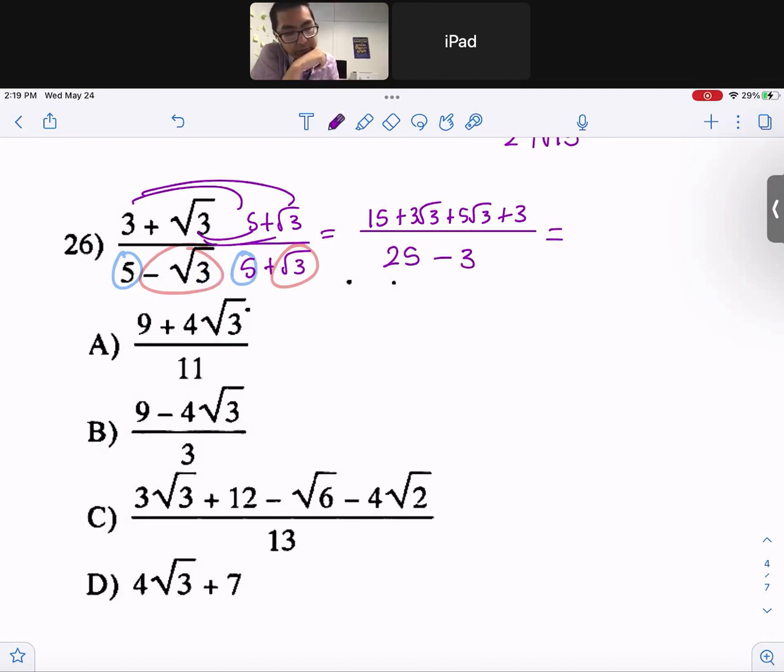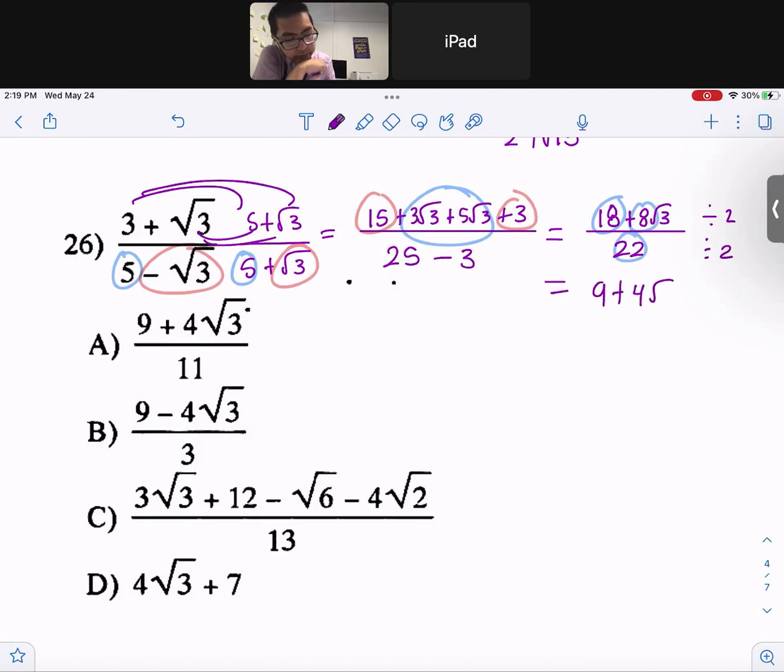So up top, you can combine these two for 18, and you can combine these two, which is 8 rad 3, all over 22. And if you notice, you can divide all three of these terms by 2. So 9 plus 4 rad 3 all over 11, which is A.